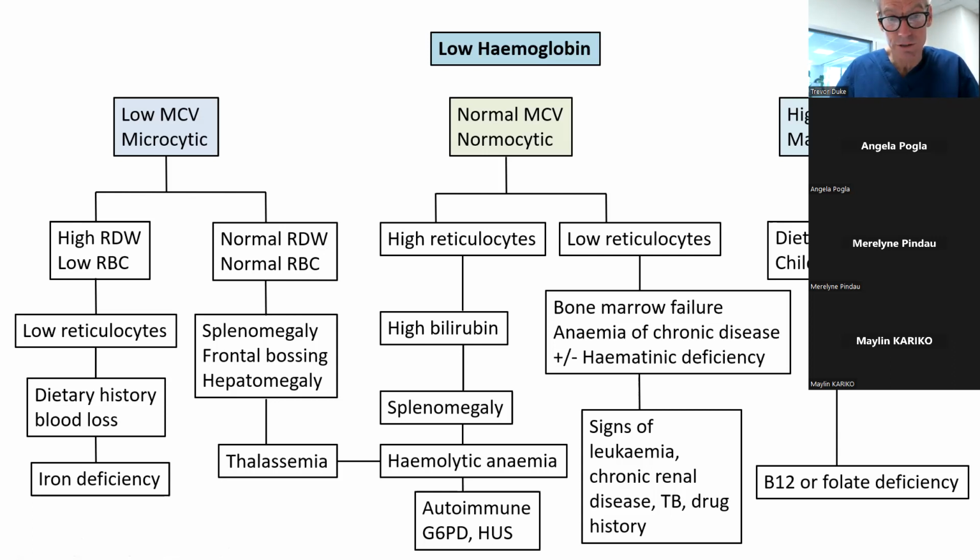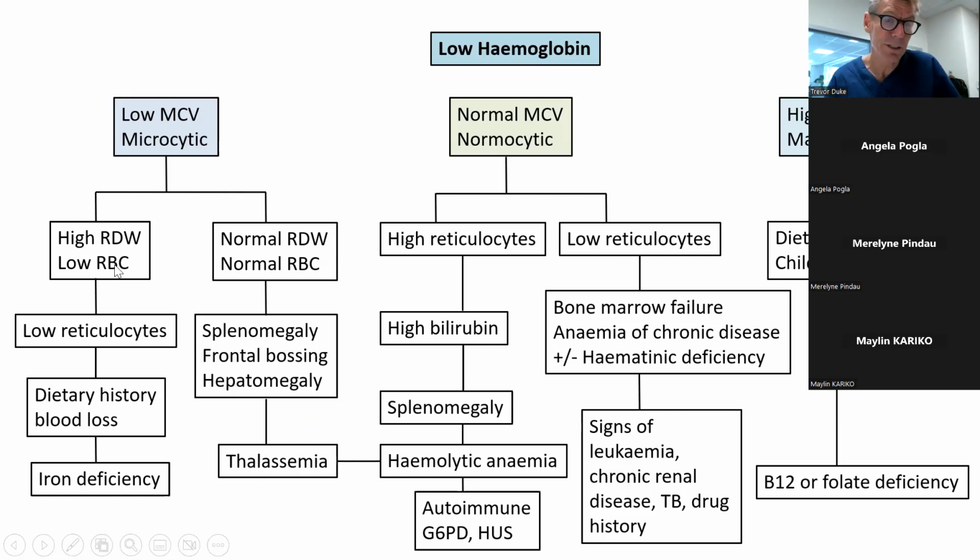They're not like differences in sizes and shape, like with iron deficiency. So the red cell distribution width is usually within normal limits, and the RBC is often within normal limits. And of course, those children will usually have clinical features such as splenomegaly, hepatomegaly or frontal bossing, and they're likely to have thalassemia.